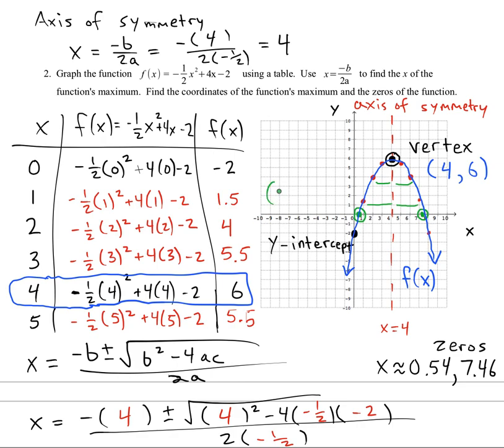There's a 0 at 0.54, 0. And this 0 is 7.46, 0. They both have output values of 0 because they are neither above nor below the x-axis. They're right on the x-axis, so their y values are 0. And it looks pretty good.